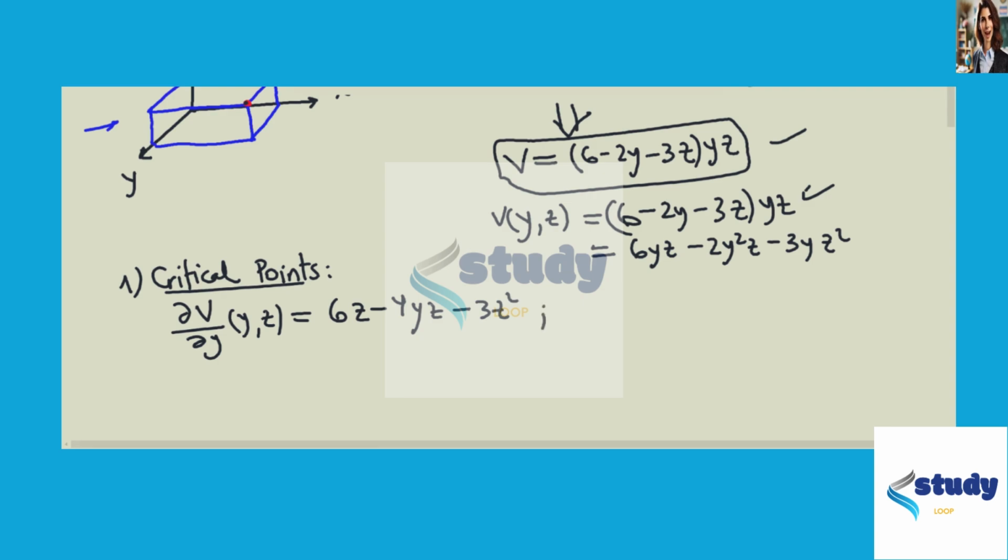And now the partial derivative of v with respect to z at yz is equal to 6y minus 2y squared minus 6yz.